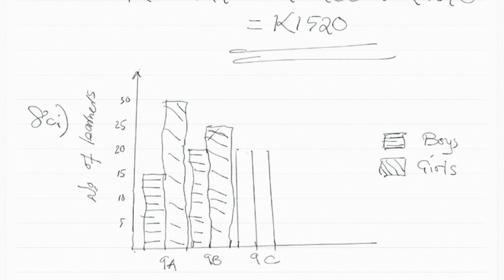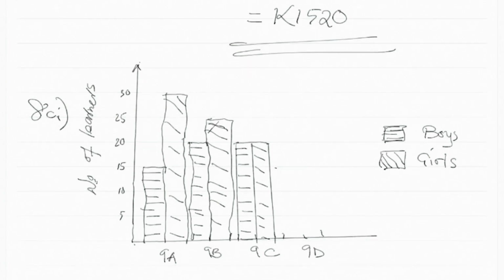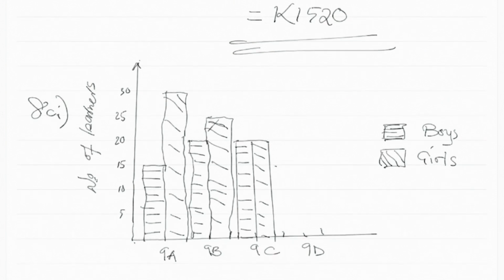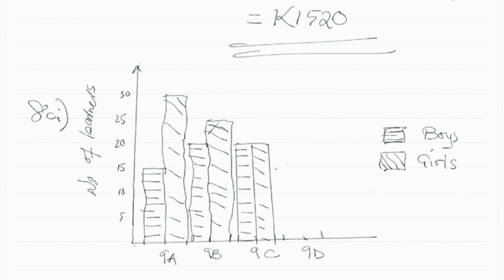Let's go to 9D. In 9D, how many boys were there? In 9D, there were 15 boys. So we go on the 15th mark using our ruler. Then how many girls? 25. So we look for the 25 mark.